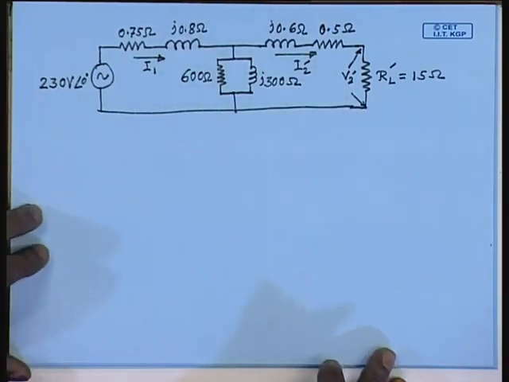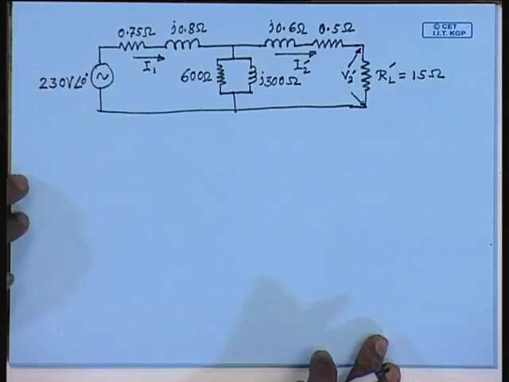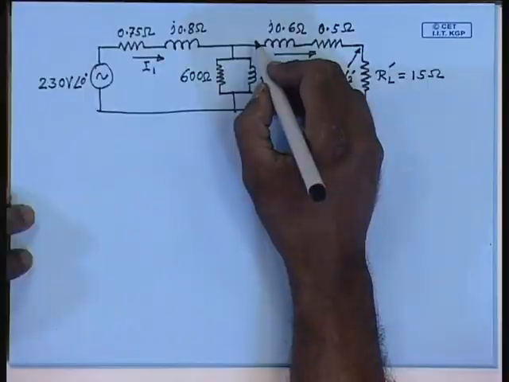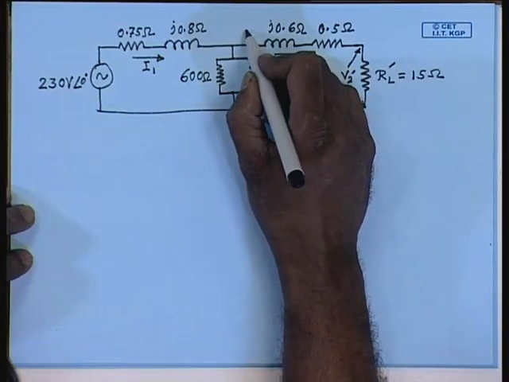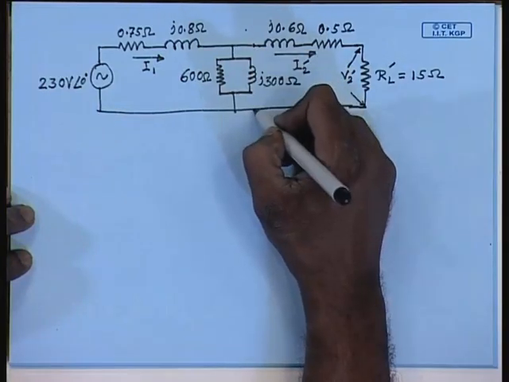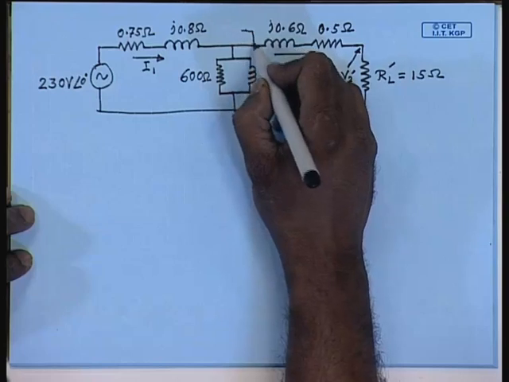Now, there are different ways of solving this circuit, for example, the loop current method or the node voltage method. However, for this particular problem, we will apply the Thevenin's theorem. So, let us find out the Thevenin equivalent circuit at these two terminals looking back.